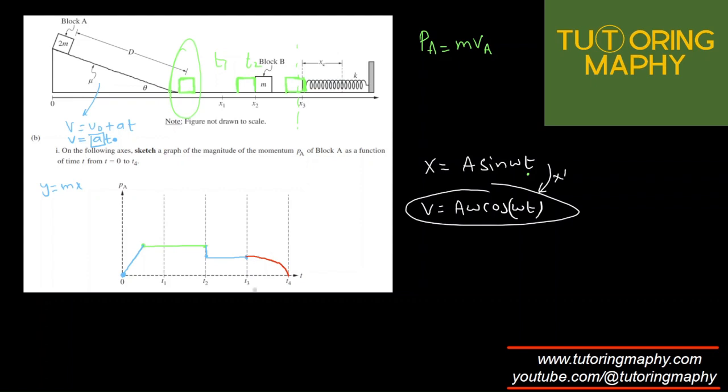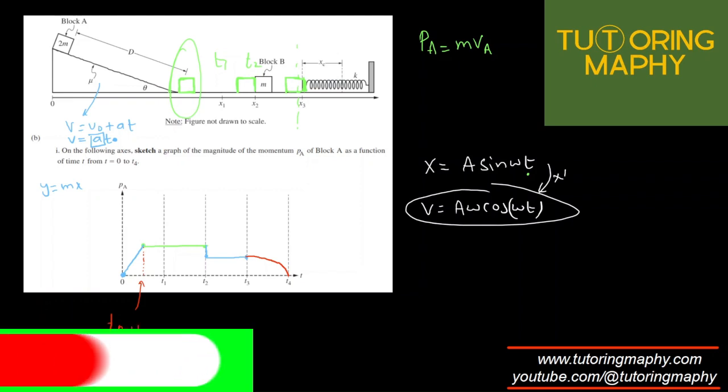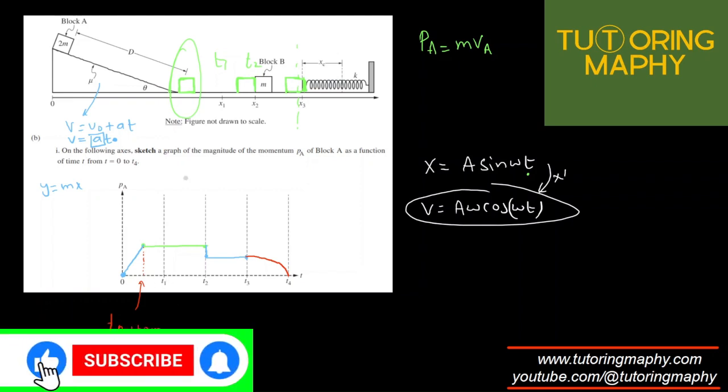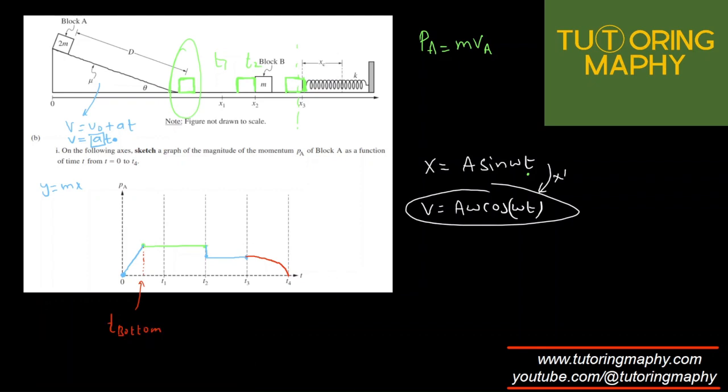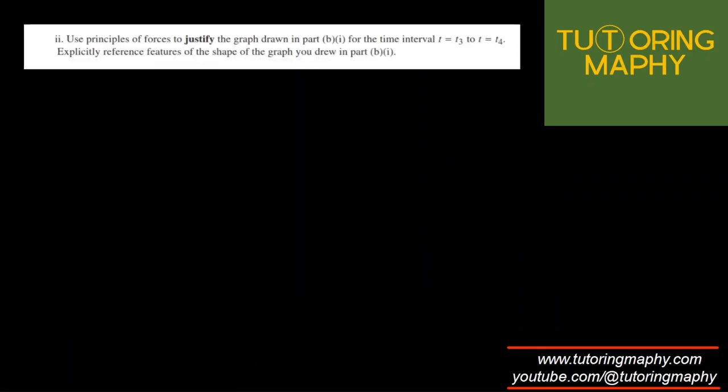So this is an interesting question, and this is how we do it. A linear increase till the point where it comes to the bottom of the ramp. Then it travels till t1 at the same velocity till collision, decreases, and then follows the cosine. Right, I hope this makes sense. Let's move on to the next question.